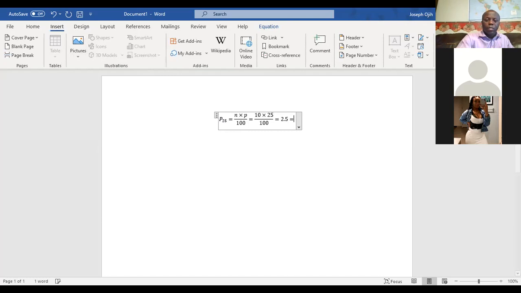Which is 3. The third number. See? So whenever you have a decimal part, go to the next number, which is 3, the third number. That will give us the 25th percentile. The third number in our group will give us the 25th percentile. So we have it in this form.